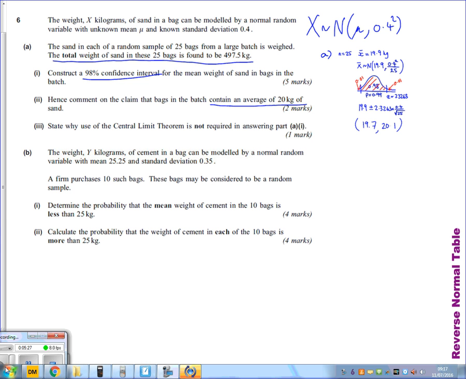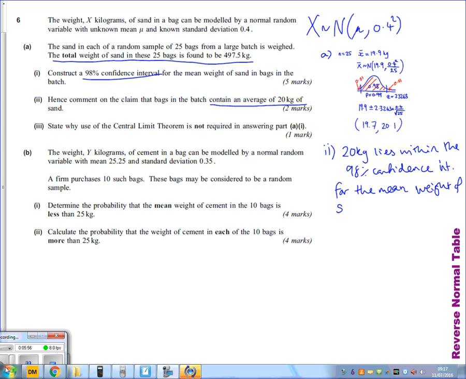So my answer for that part is going to be that 20 kilograms lies within the 98% confidence interval for the mean weight of sand in bags.